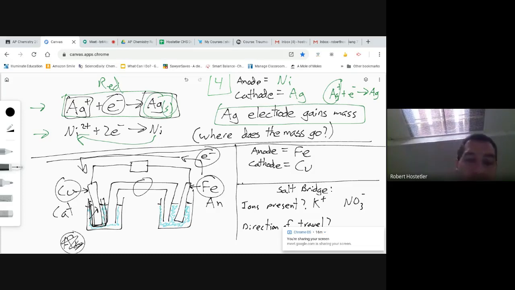And so if the electrons are going around the circle like so, then so are all the negative things. So the negative ions are going to go through this thing towards the iron, and then the positive ions will go the other way. So these guys are going to go towards the copper in the salt bridge.